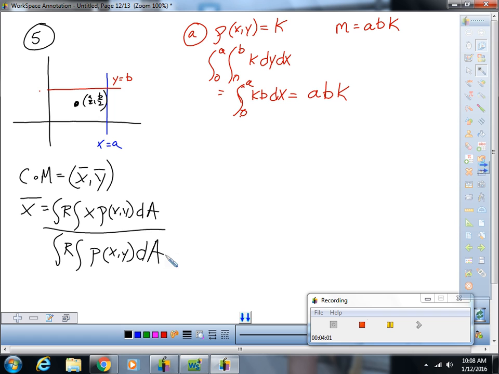Do you understand that? So what will my y bar be then? The only difference is on top, I will now have an extra factor of y in it, times the density, times the area. And you can think about area as volume here.